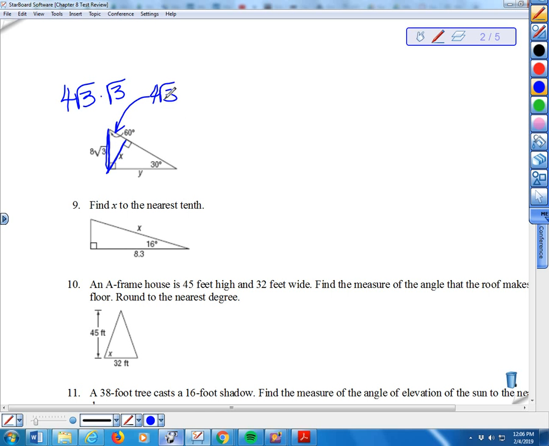Then to get to the side opposite the 60, which is what x is, I multiply that by the square root of 3. Well, the square root of 3 times itself is 3, and 3 times 4 is 12. So x is 12. That's the side opposite the 30. Now y is the hypotenuse. So I just double it. So x is 12, y is 24. And that's it.